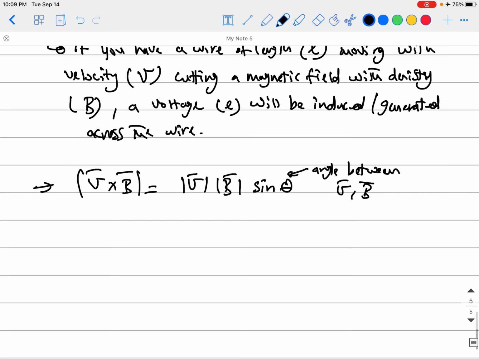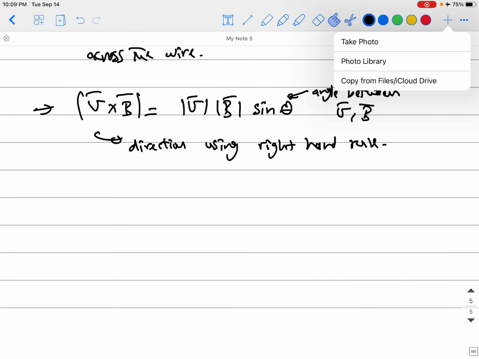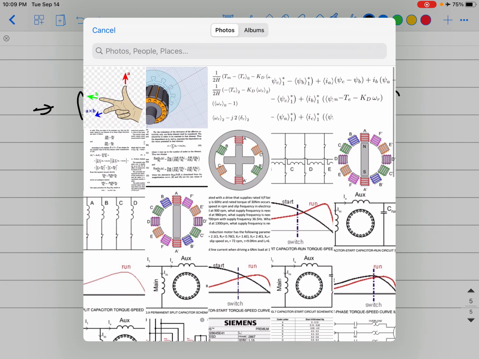To find its direction, use the right hand rule. Just as a refresher, I will grab this photo.